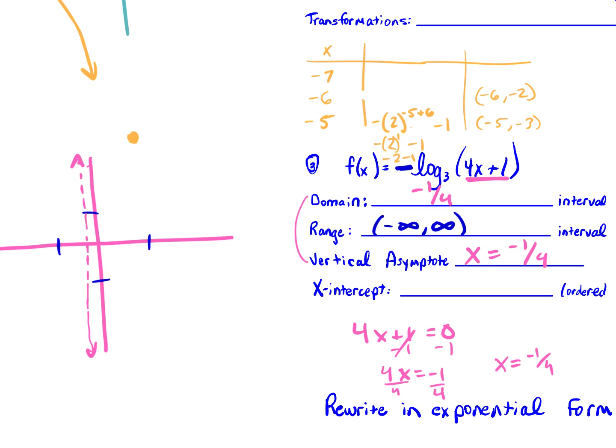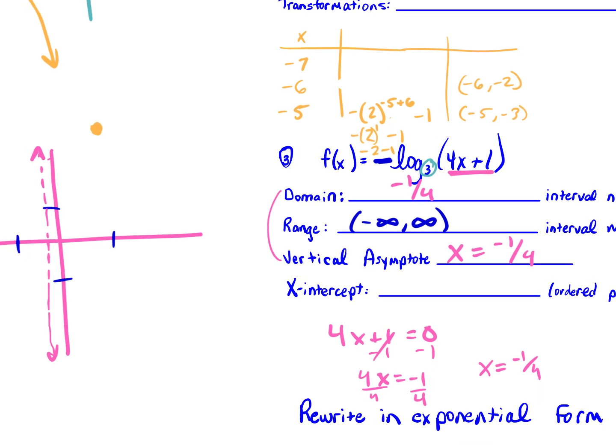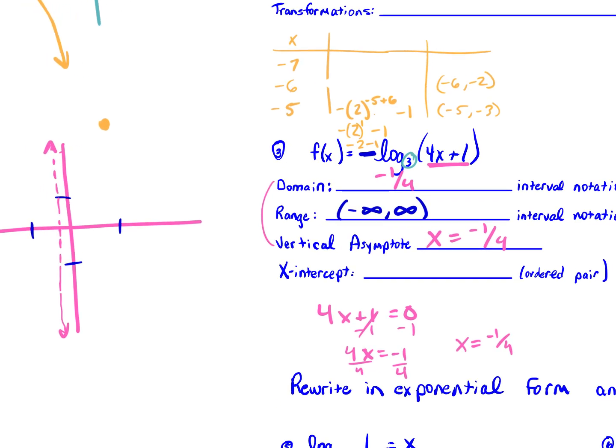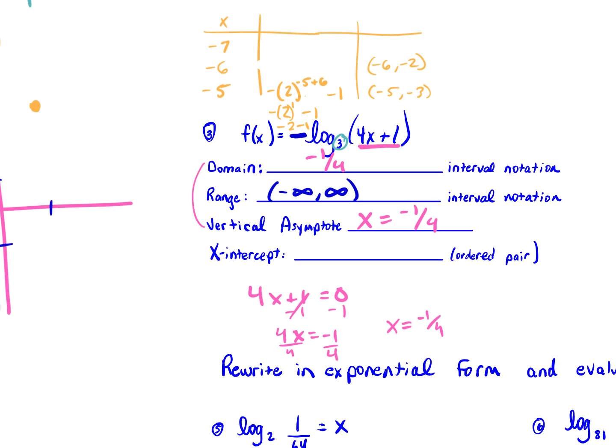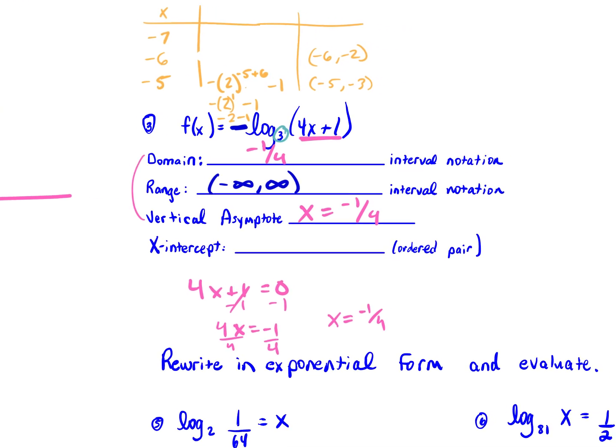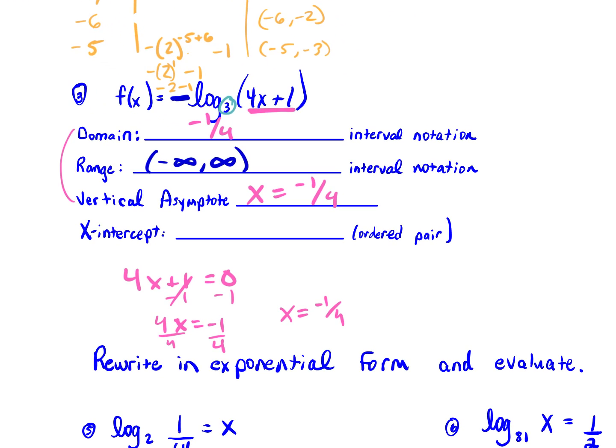Now our base is greater than 1, right? Oh, let's find our x-intercept too. Let's put one more point on there. How do we find the x-intercept? Plug in 0 for y. So we have 0 equals negative log base 3 of 4x plus 1.